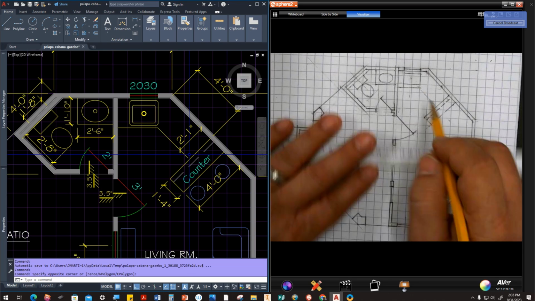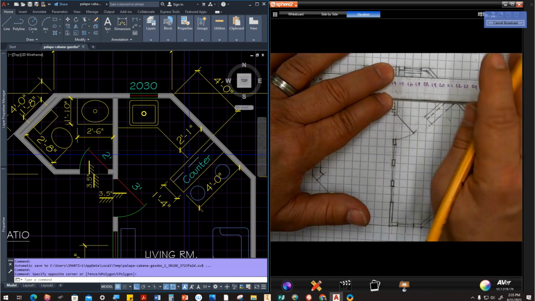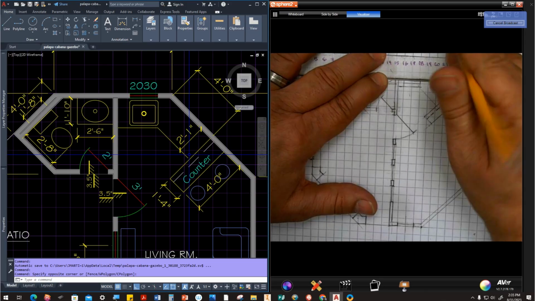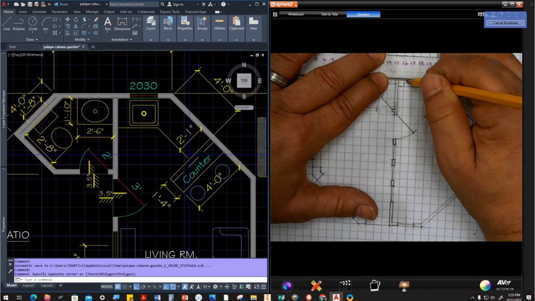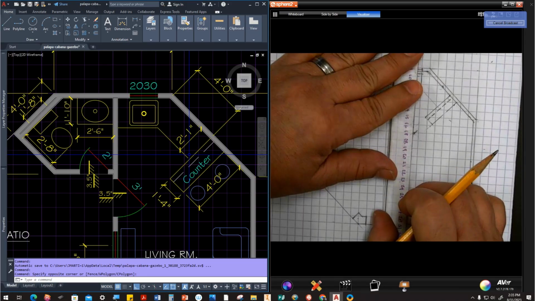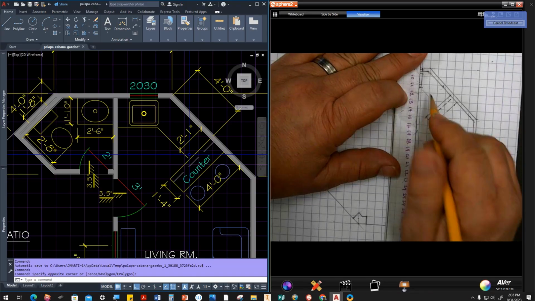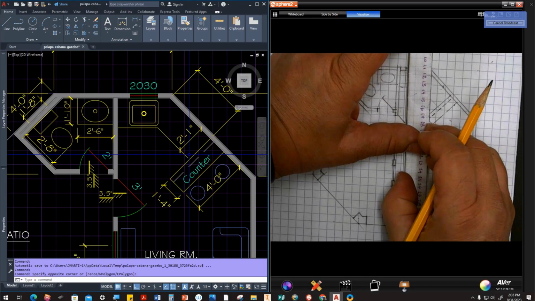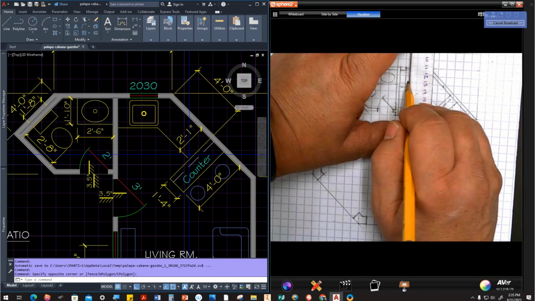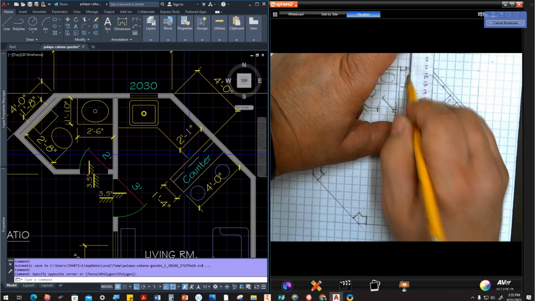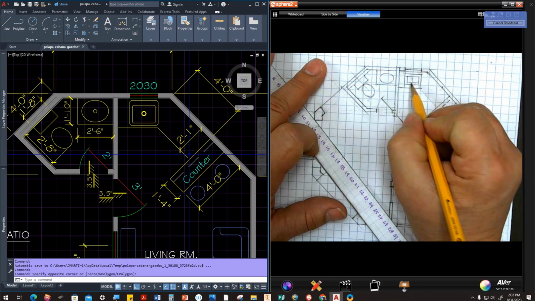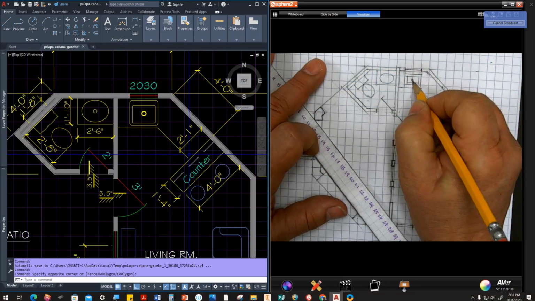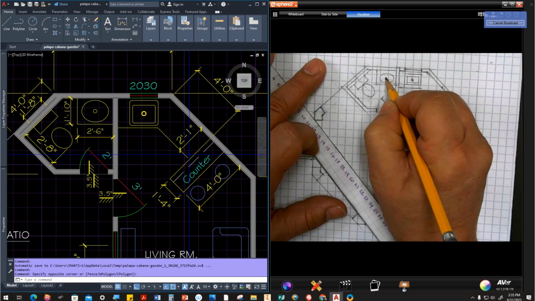Okay, and here you can make another rectangle inside with margins of like 2 inches. And oh, a little circle for the drain, the main drain.